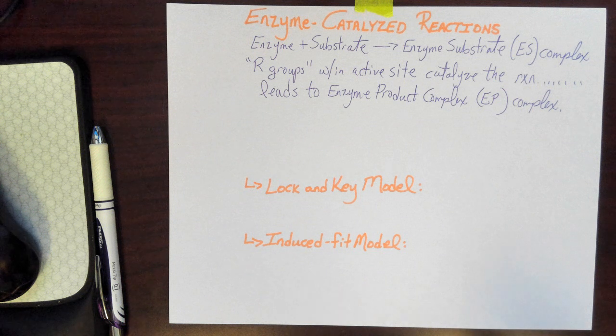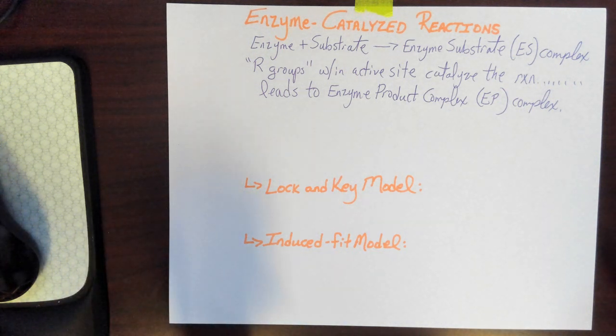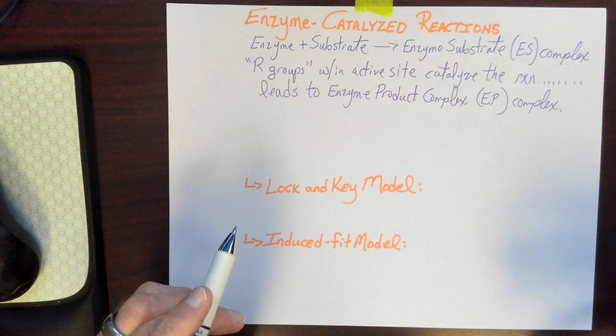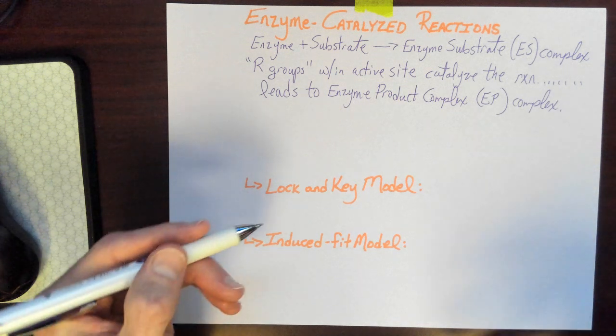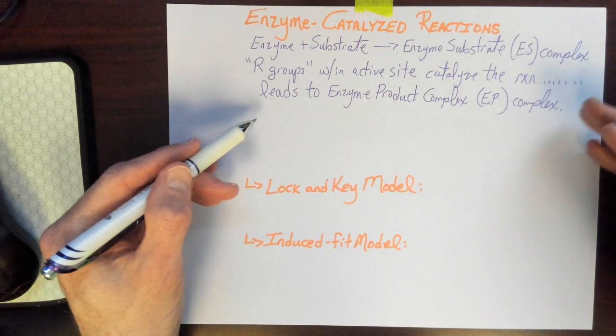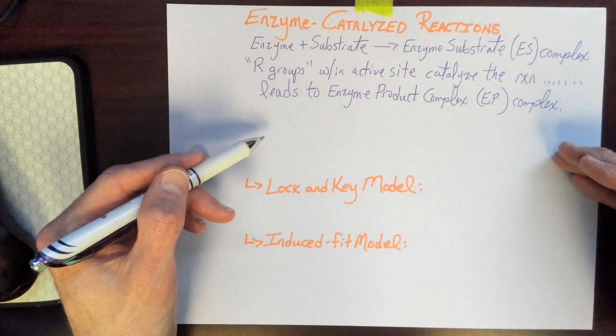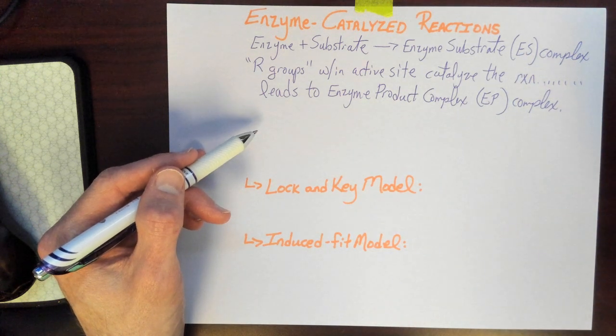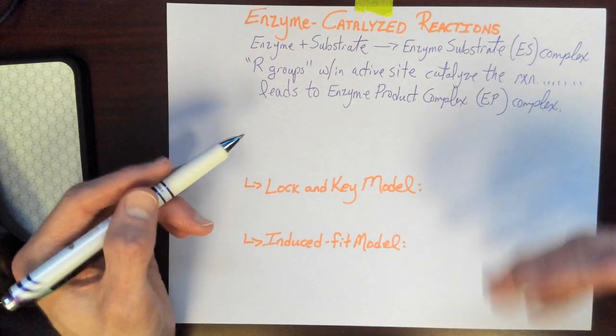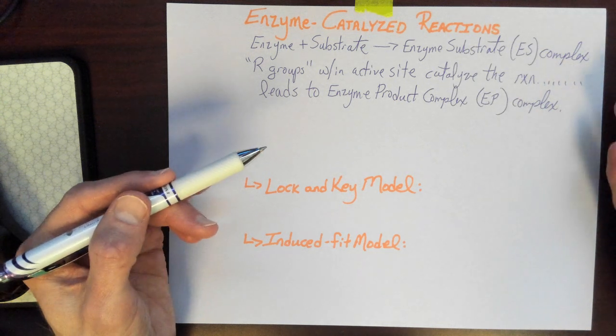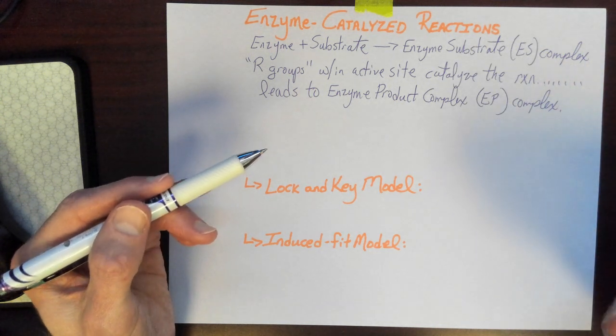Then what happens? The product is released. Okay, then the product is released, moves out of the active site, goes away. The active site is still active. It's still available.